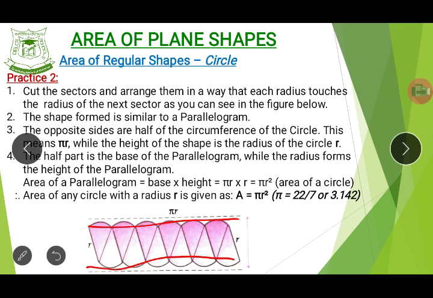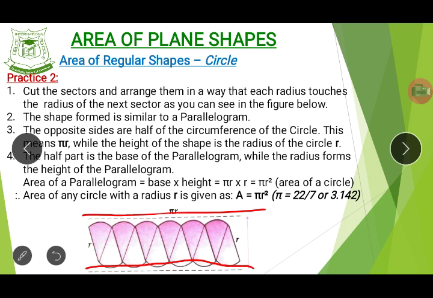Now the opposite sides are half of the circumference of a circle, which means pi r. What does that mean? What you see here, this side and this side, they are the opposite sides of the parallelogram, right? If you look at it from the circle you cut from, this side is half of a particular circle, and this side is half of another part of that same circle.